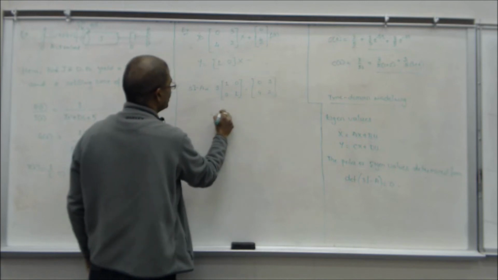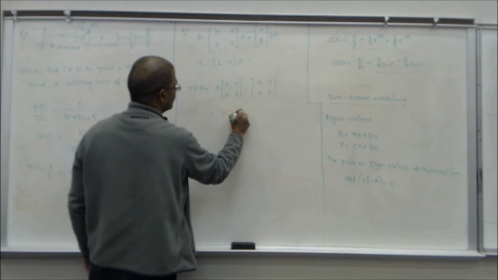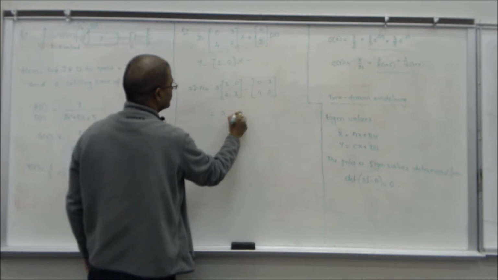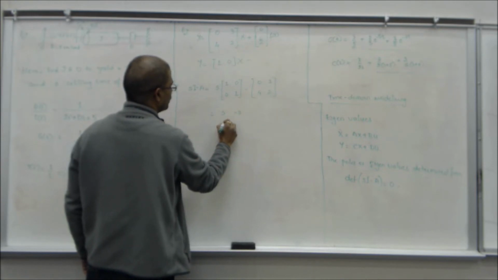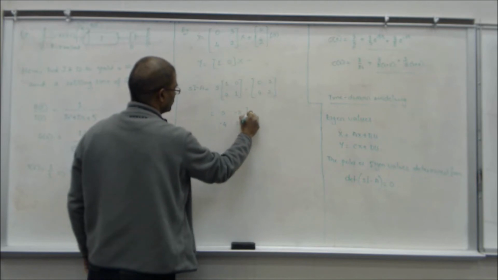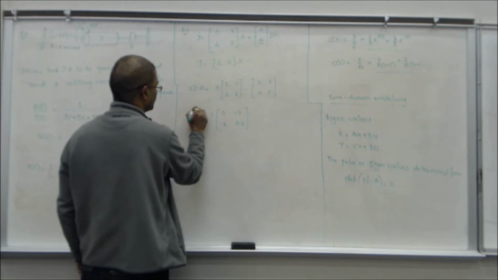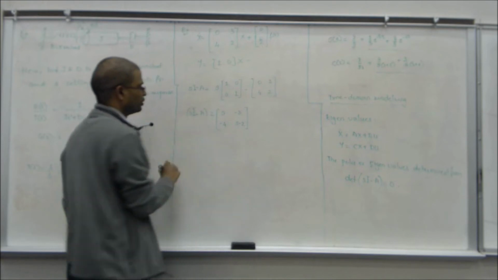So this would be s minus 3, minus 4, and s minus 2. So your sI minus A is essentially this.